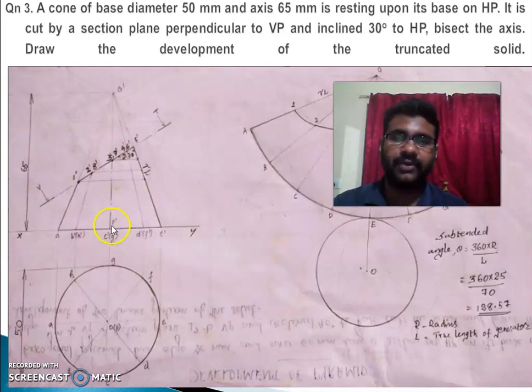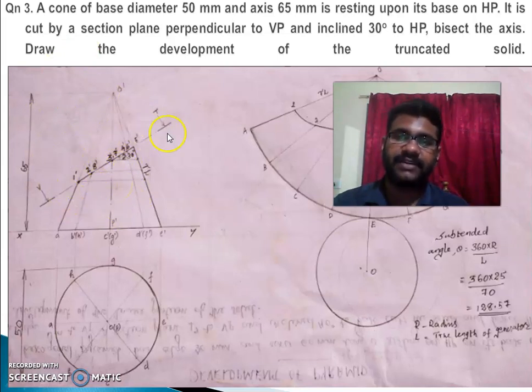The center line should be represented as an axis line, because this center line represents two generators, CO and GO, and also the axis. The axis and the generators are imaginary lines, so when the axis and a generator coincide, we give more importance to the axis. That's why the center line is represented by a chain thin line.